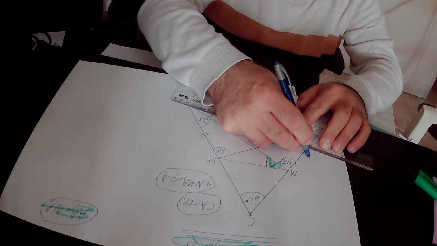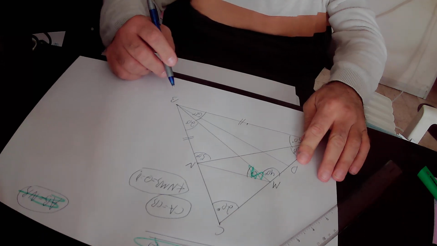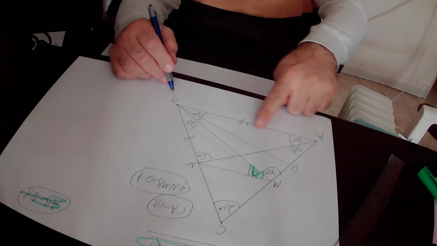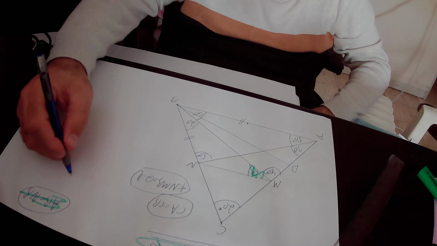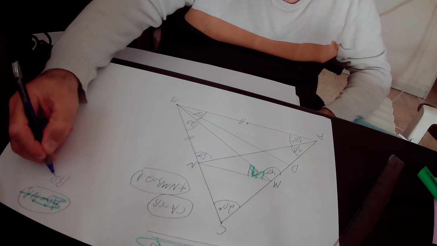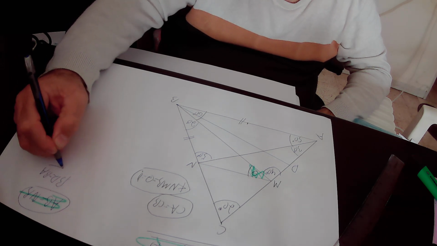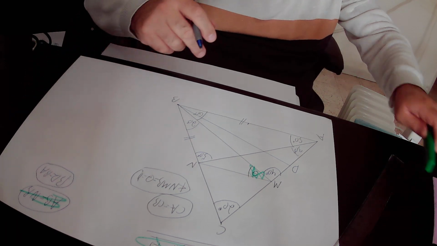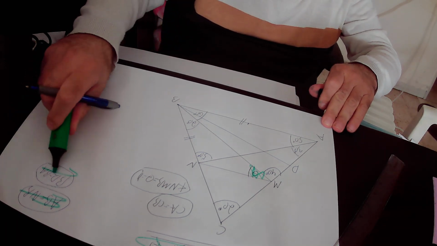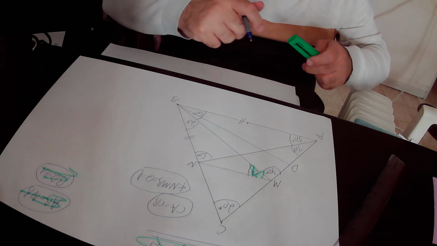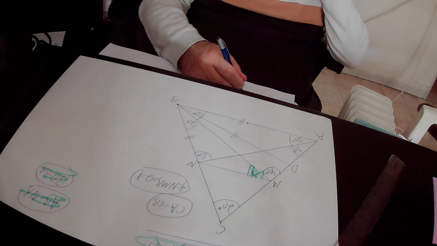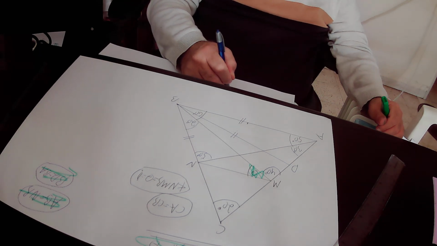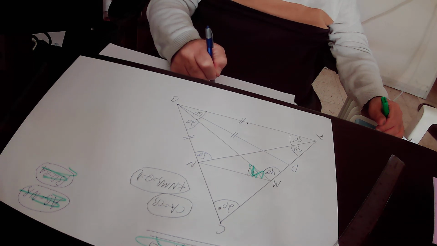BD equals BA according to our construction. Write it here also that BD equals BA according to our construction.